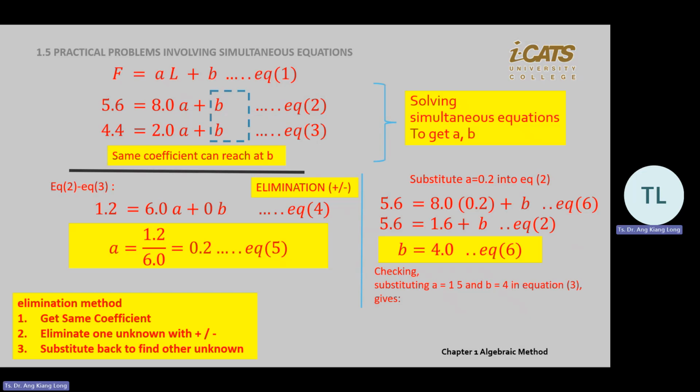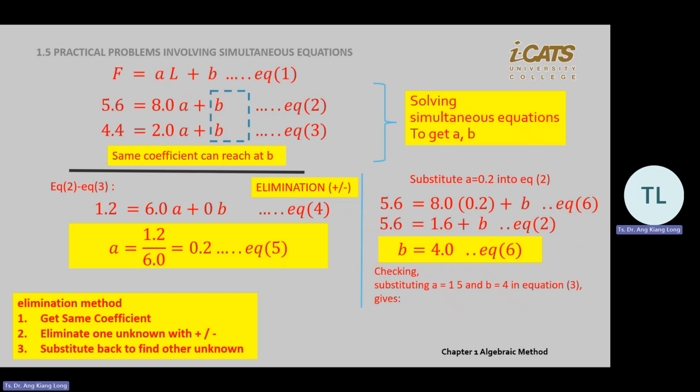For Mathematics Engineering 1, you don't need to put back here, unless the question mentions to conclude your answer with a full equation or with the calculated values of A and B. So if the question asks you to conclude, means you substitute back.